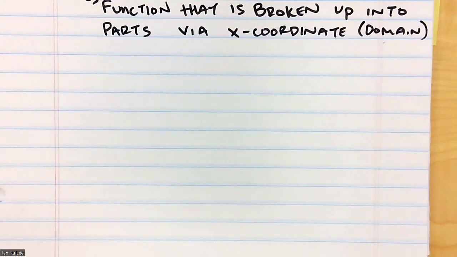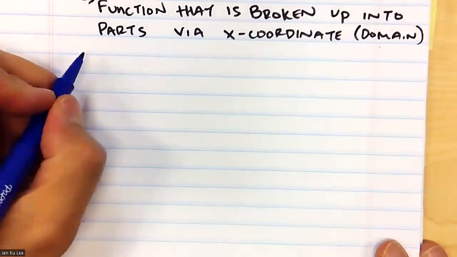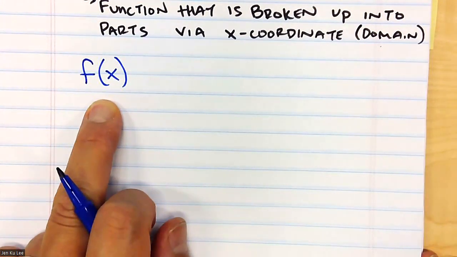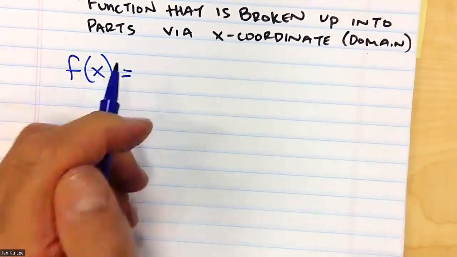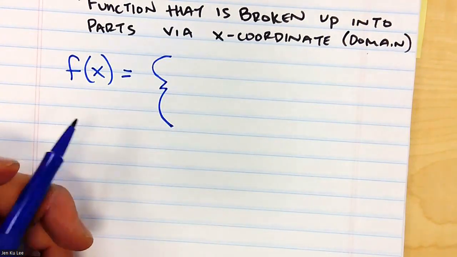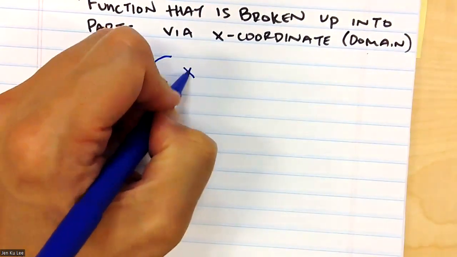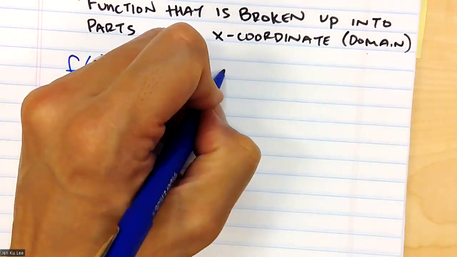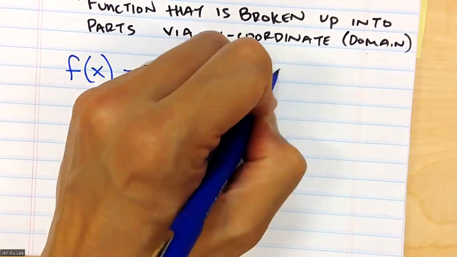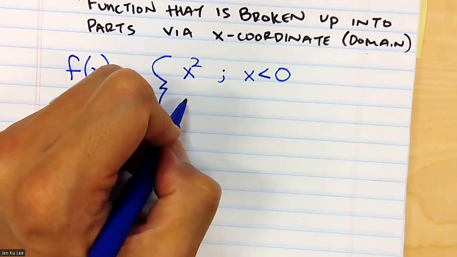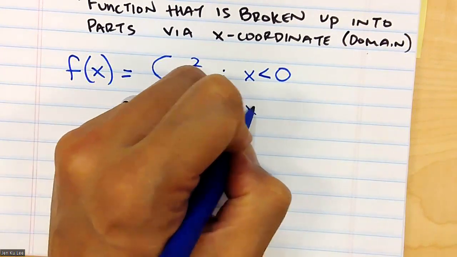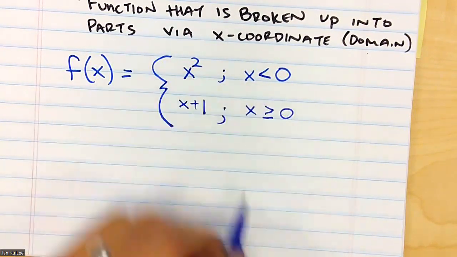All right, what I mean by that is f of x, which is the function notation, equals, and there are parts to this. Okay, it's going to be x squared if x is less than 0, and it's going to be x plus 1 if x is greater than or equal to 0.